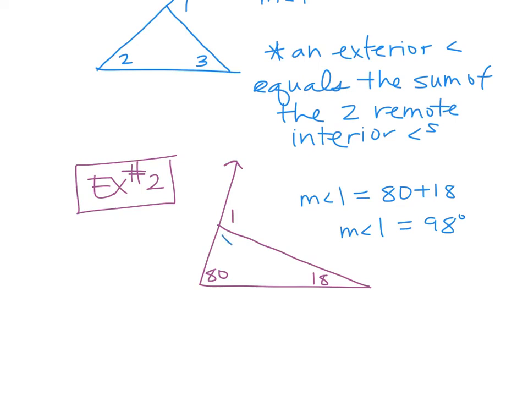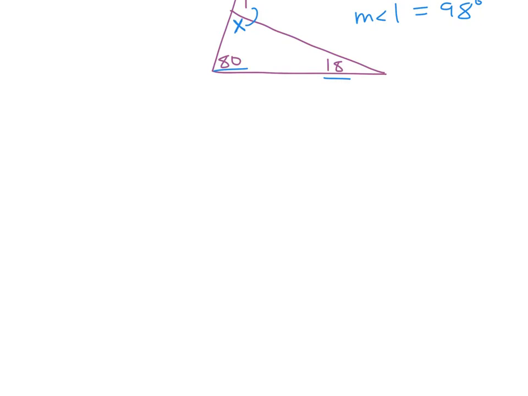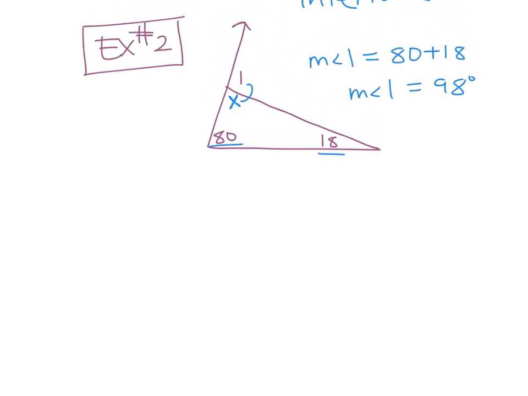Because we can find x, because it's a triangle, right? So 180 minus 80 minus 18 would find us x, and then x and 1 have to add up to 180, so you can just subtract that number from 180. So just keep that in mind. If you forget which angles you should add to set equal to that exterior angle, you can always go this route too. Okay.